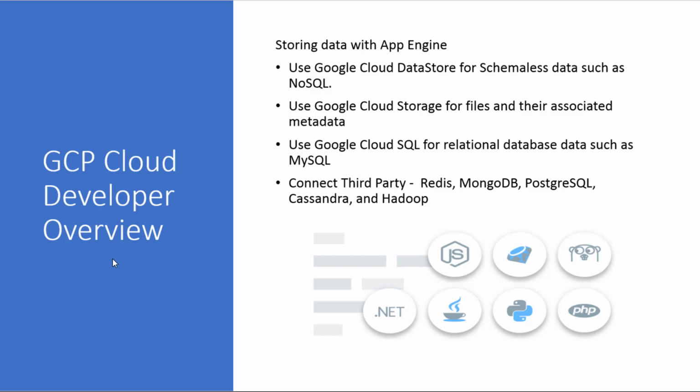Now, Cloud SQL is meant for a relational database such as MySQL, for example. And again, we're going to talk more about these services throughout the course. We could also connect third-party services, I shouldn't say just database, but data type services such as Redis, Mongo, Postgres, Hadoop, etc.